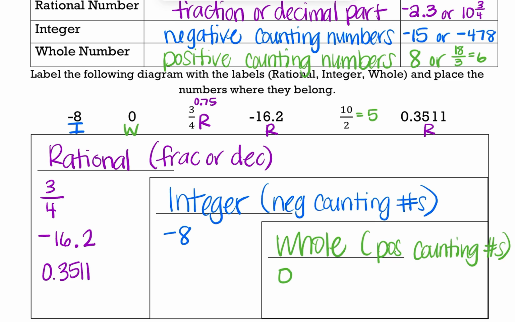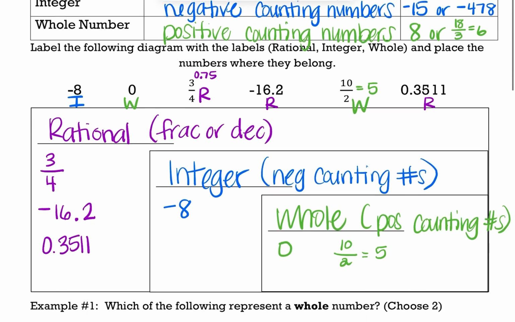So this is a whole number, so I'm going to label it with a W. And then I keep going down. I already used that one. I already used that one. Here we go. So remember how we divided 10 divided by 2, and we got 5? Well, 5 is a positive counting number. So I'm going to label it with a W, and I'm going to write the original 10 over 2. And then I'm just going to write equals 5, just to remind myself that's why that fraction is there, because it's technically a whole number.